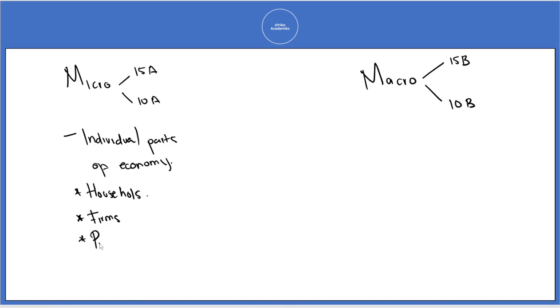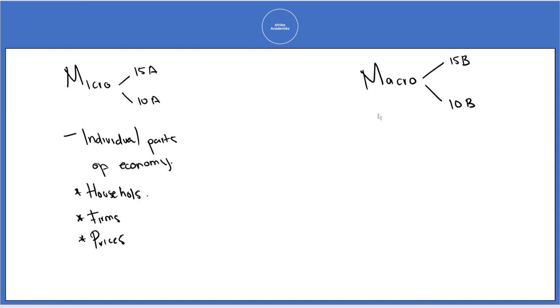And then you'll also focus on prices of goods or changes in prices of those goods, products or services, right? That is micro. You just focus on small parts. That's where you'll find yourself calculating the demand or the supply of maybe cars or food or something like that, right?